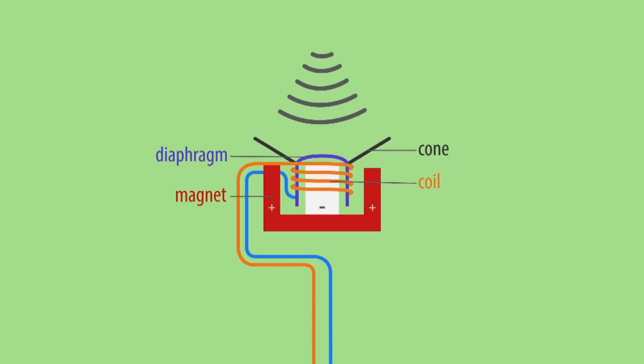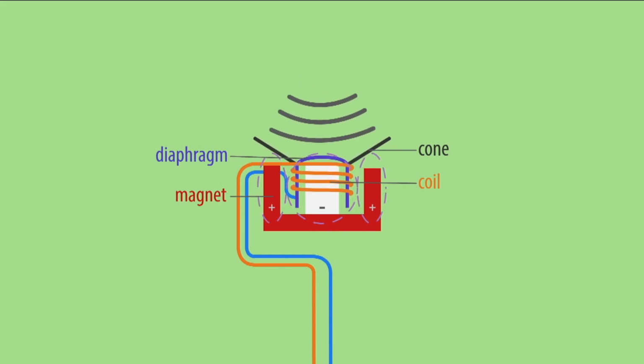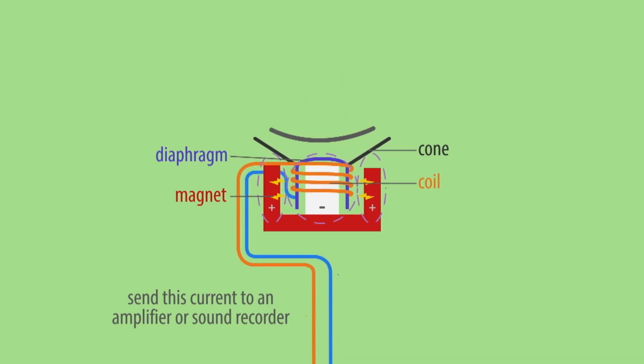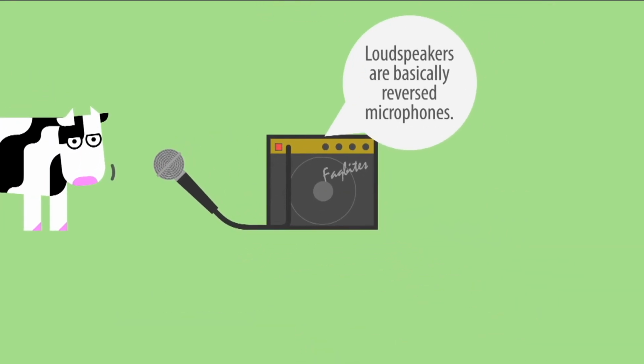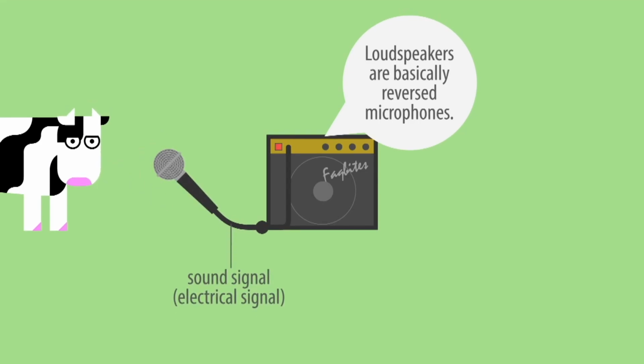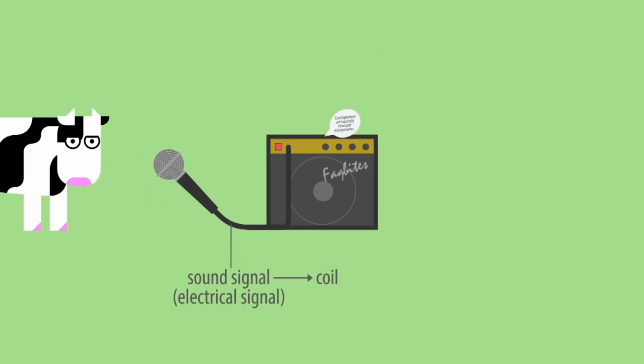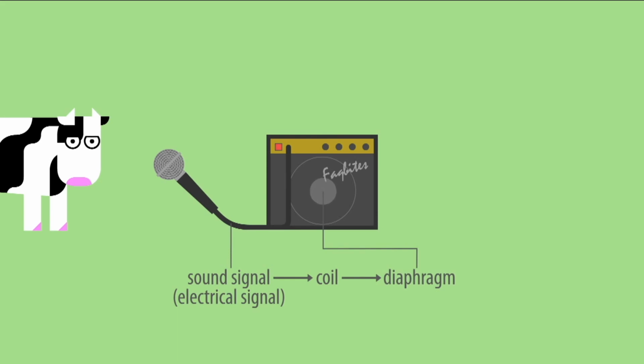This magnet creates a magnetic field around the coil. The sound waves hitting the diaphragm are moving the coil, and the coil's movement past the magnet creates an electrical current. This electrical current is your sound signal. Loudspeakers work in reverse. Here the incoming sound signal moves the coil, which in turn moves the diaphragm, creating sound waves.